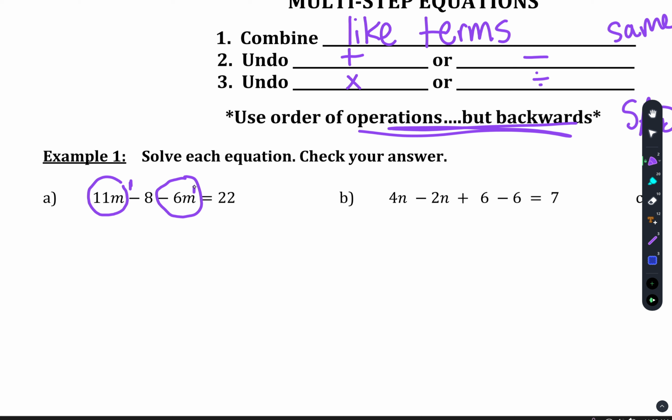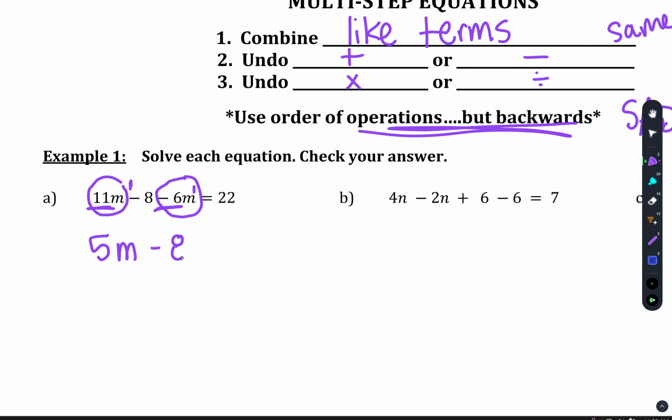When I combine these 2 like terms, 11m and negative 6m, reminder, we are combining the numbers in the front, aka the coefficients. So 11 minus 6 gives me 5. And then the variable and its exponent stay the exact same. I do not do anything to that variable. So I got 5m.